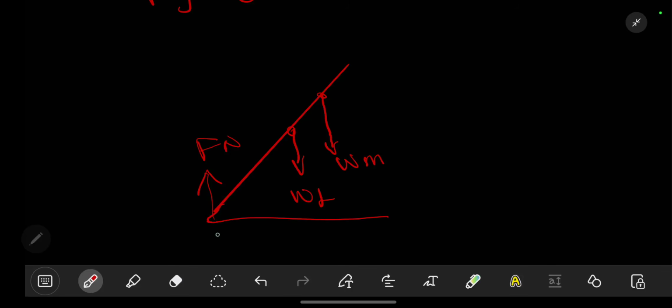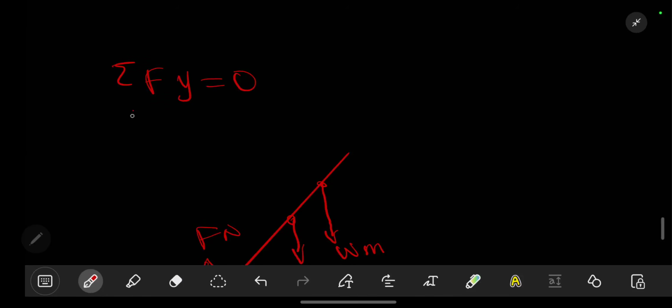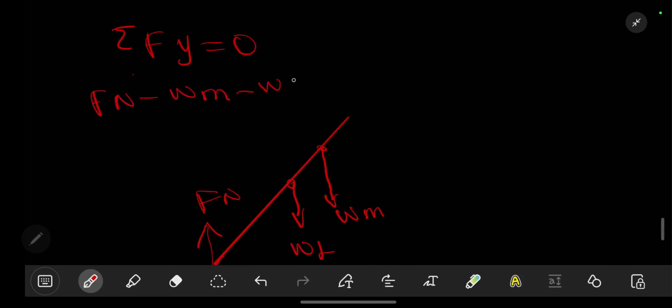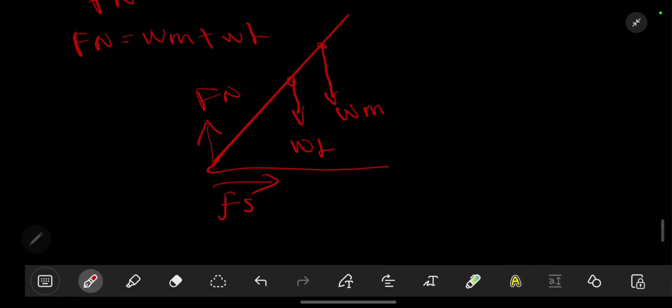Then we have the frictional force, like that. So we have the normal force minus the weight of the man minus the weight of the ladder should be equal to 0. So we are going to have Fn equal to the weight of the man plus the weight of the ladder, like that.